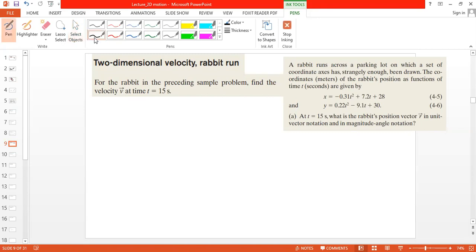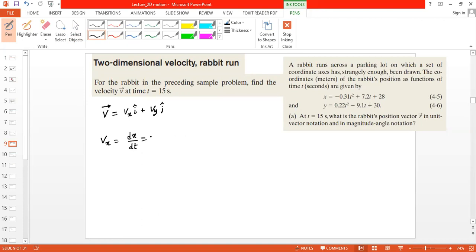Now, for velocity, we know the velocity vector is defined as Vx i plus Vy j. Here Vx is basically equal to dx over dt.